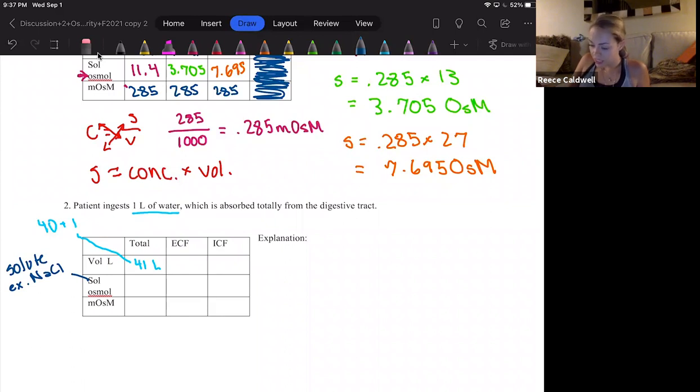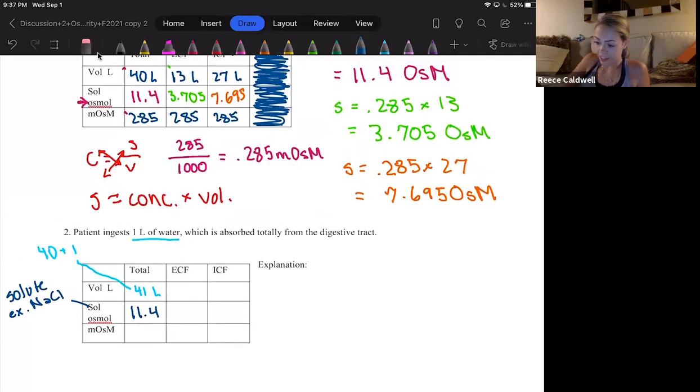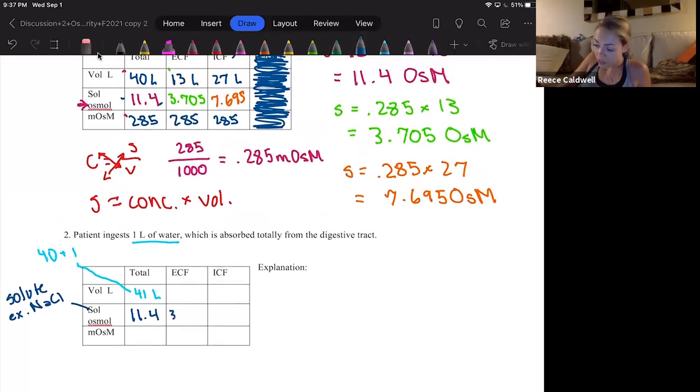So what we're going to do here is just carry down those values that we solved for above: 11.4, 3.705, and 7.695. Now we have two variables in our first column, which means we can solve for our last column.